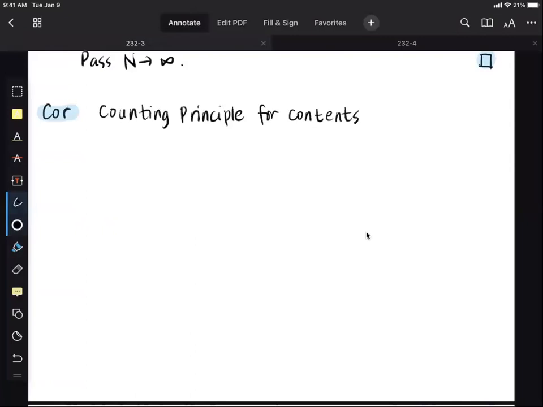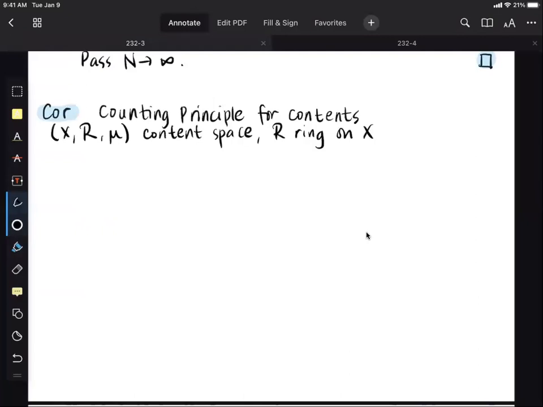So suppose we have a triple, X a set, R a ring, and mu a content. So we have this triple as a content space, and the content mu is defined on the ring R on the set X.